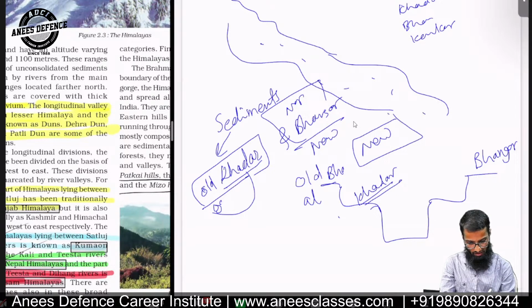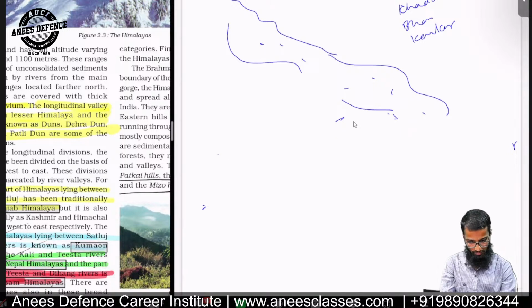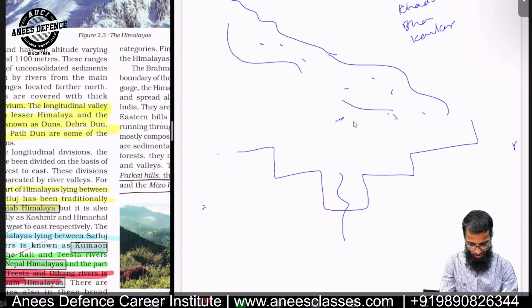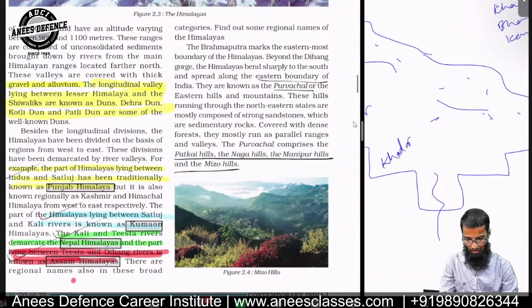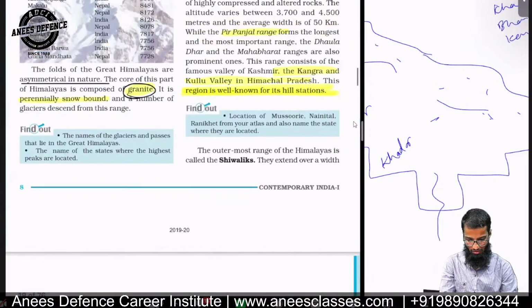Okay, I will draw it completely. This is the river bed. From here, the river is flowing. So this is Khadar. This is Bhangar. Correct? Or again wrong? Tell me. What happened? Someone is messaging. Okay, I will show the answer. Look.